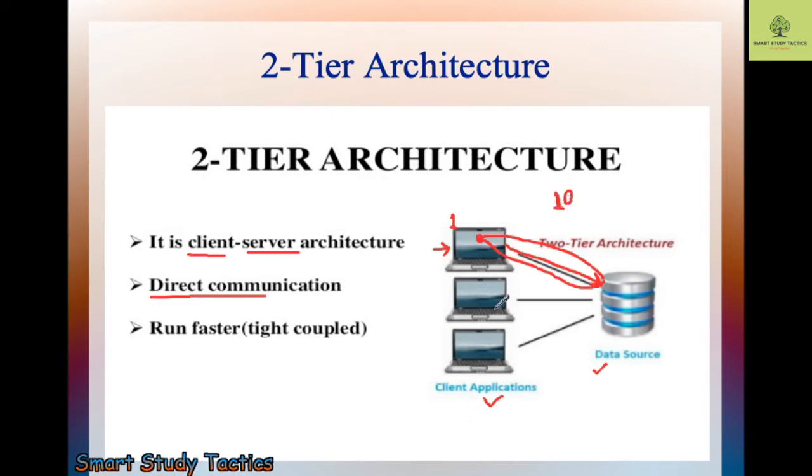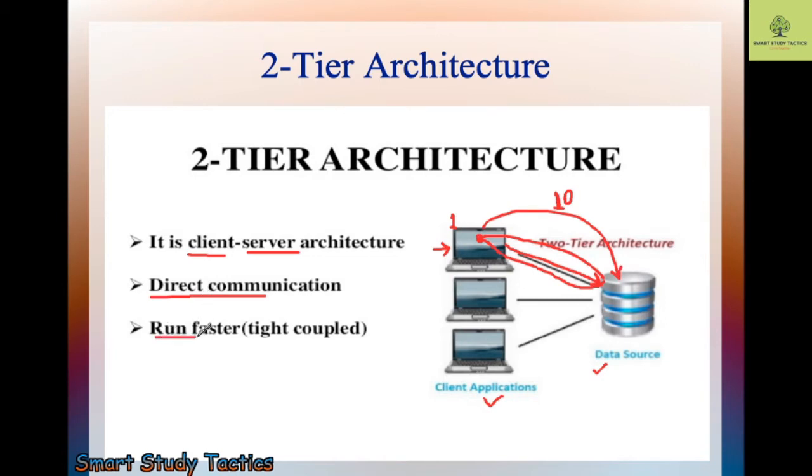Because other clients of the same database are also accessing the network. That's why it is called direct communication, meaning all can access directly. There is no layer in between, and he has the authorization and authenticity to access this machine.